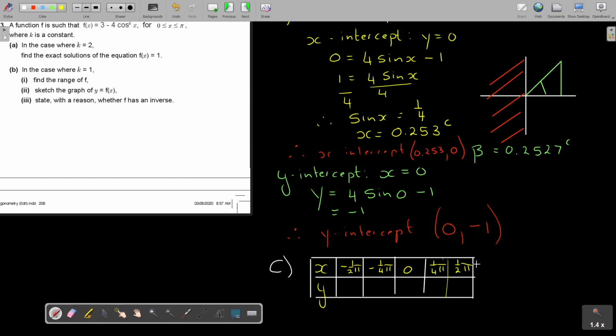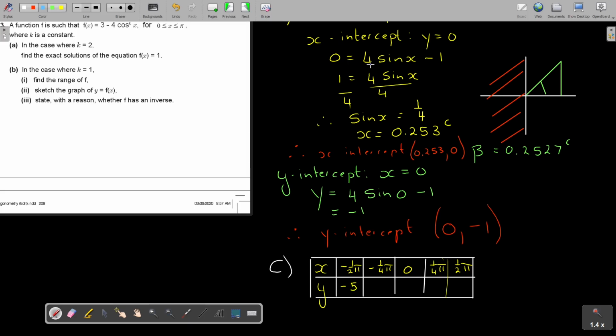And don't forget, you're just going to press it in your calculator to get these values. So if I start, I say 4 multiply sin and bracket negative 0.5 multiply shift pi, close the bracket, equals, subtract the 1, and I get negative 5. Actually, I got it already.